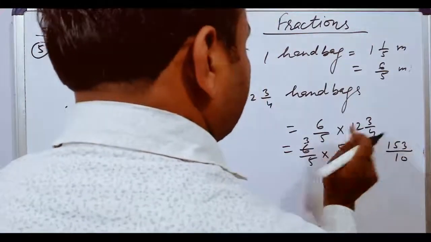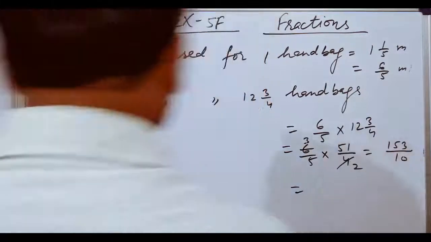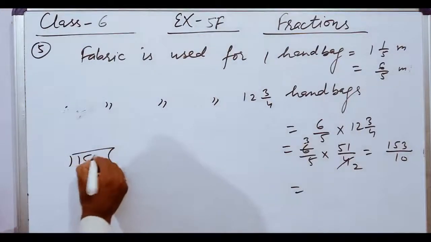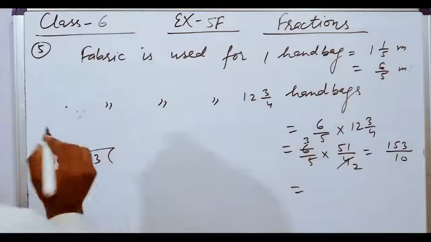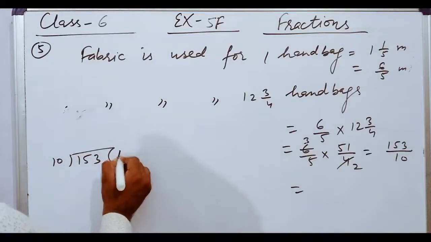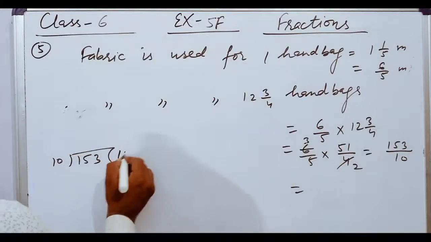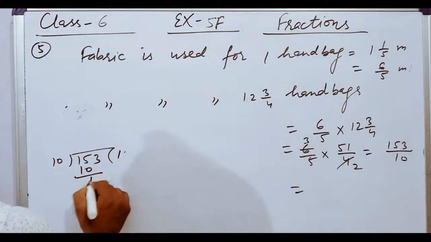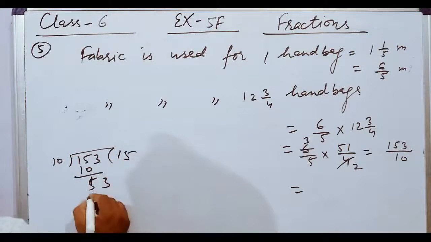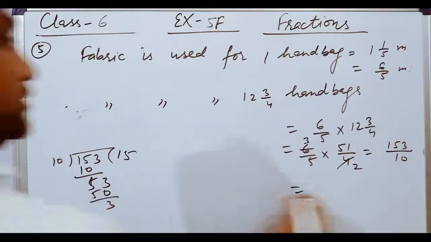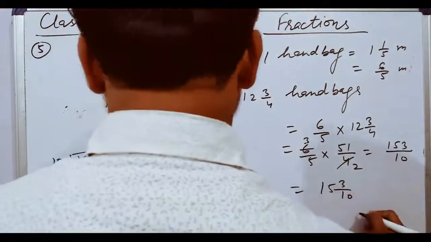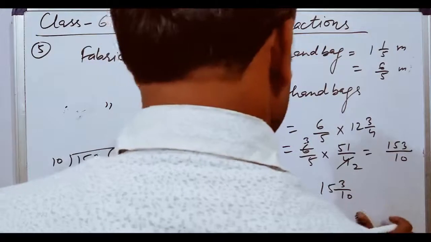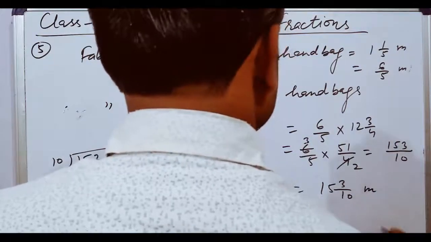When you divide 153 by 10, because it is an improper fraction, we will convert it into mixed fraction. 10 times 15 is 150, then 15 3/10. Okay, meter.